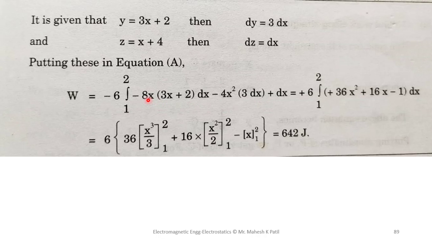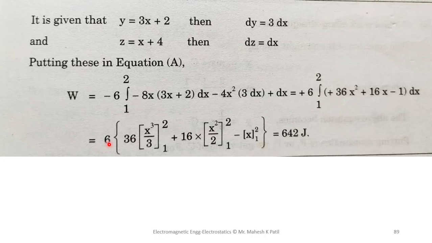Then 8 2s are 16x, so plus 16x, and the remaining term is minus 1. Clear? So if I take the dx common here, it will become 36x square plus 16x minus 1 dx. Now evaluate this integration to get the final answer.